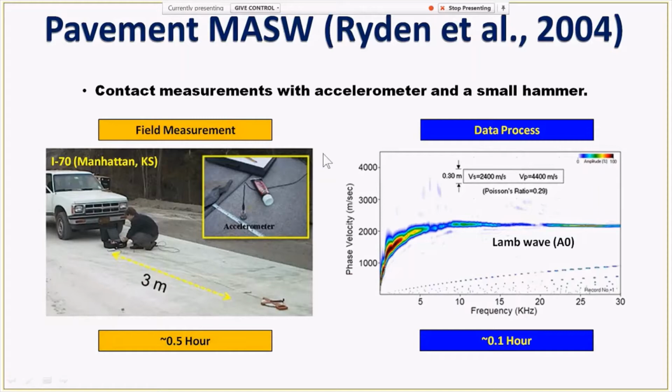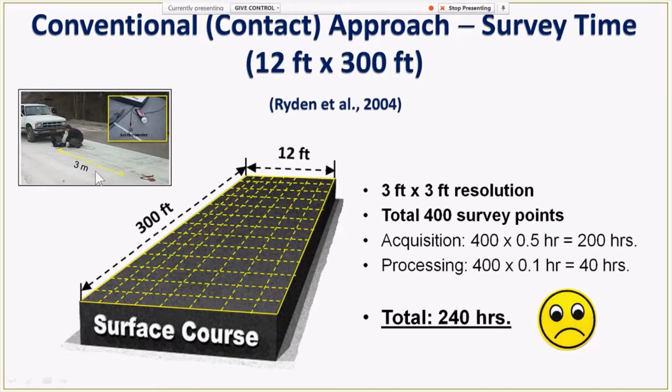So if we calculate how long it's going to take by using this contact approach to inspect one lane width of asphalt pavement of about 300 feet long, with this 3 feet by 3 feet resolution, which is our current target resolution, well, it's going to take 240 hours, which is 10 full days, which is completely unrealistic.